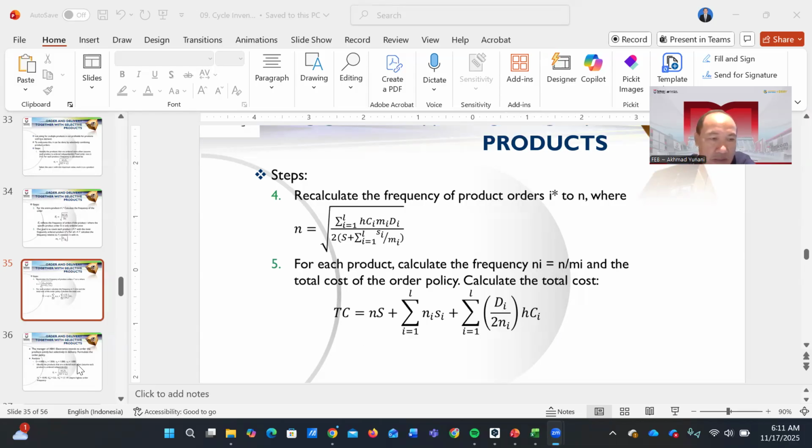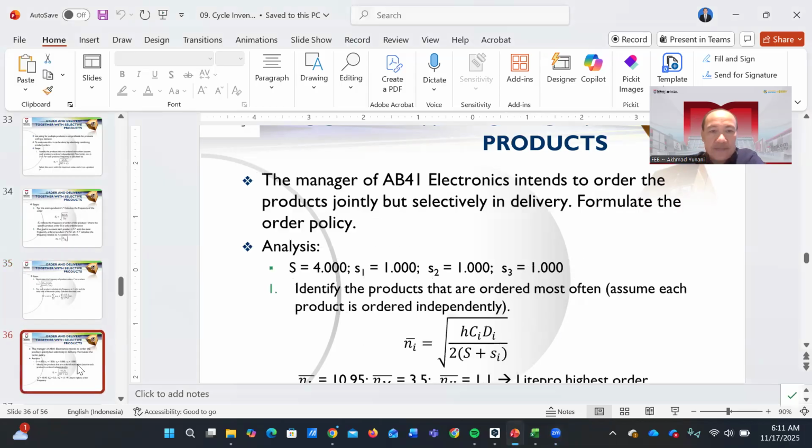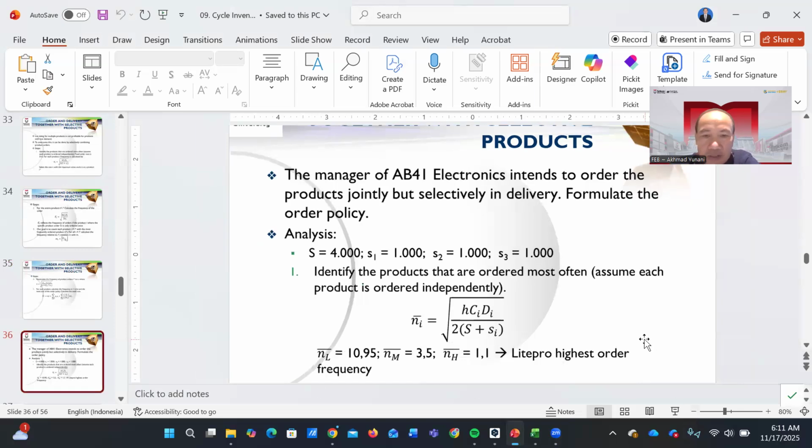Okay, and then let's go on our example. The manager of AB41 Electronic intends to order the product jointly but selectively in delivery.